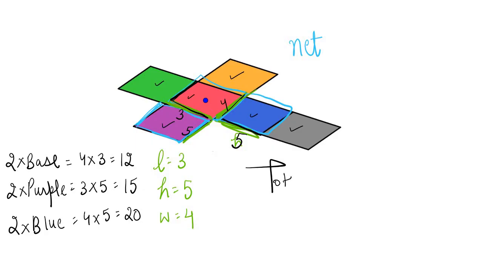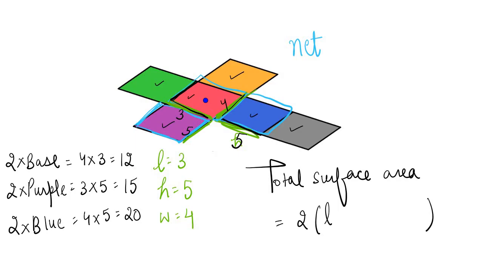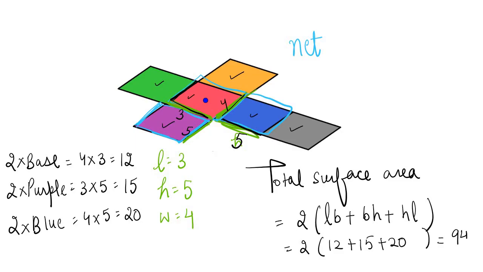Hence, total surface area would be 2 times LB or LW, BH or WH plus HL, means 2 times all of their addition, which would be 94. And suppose they all are in meters, so meter square. I hope the total surface area is clear.